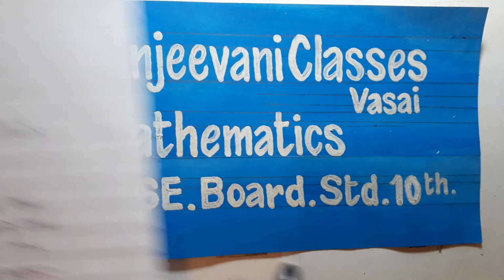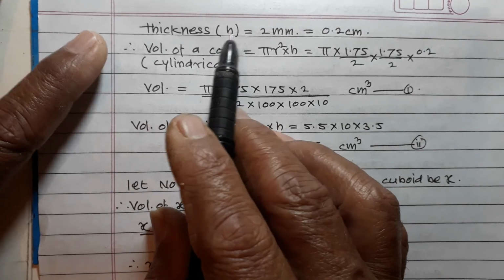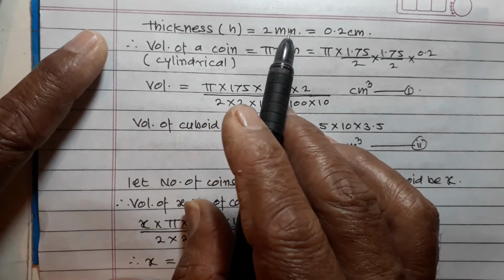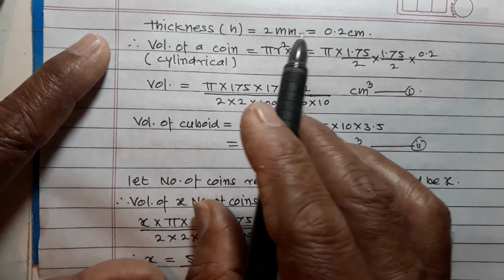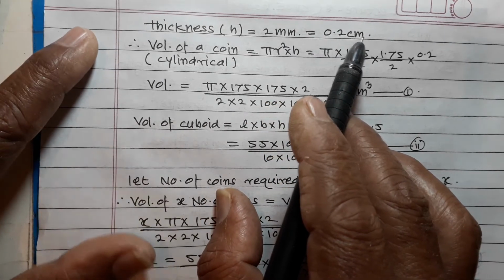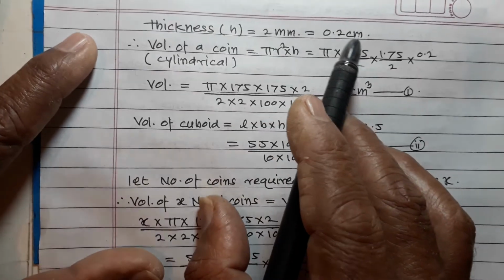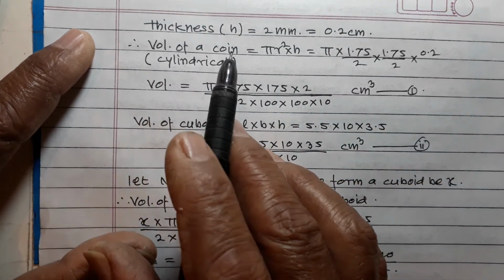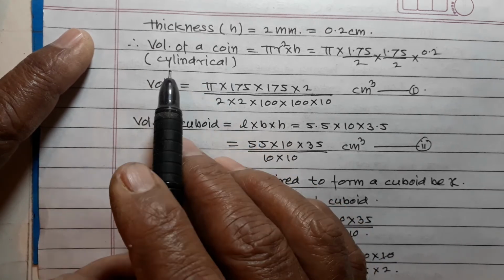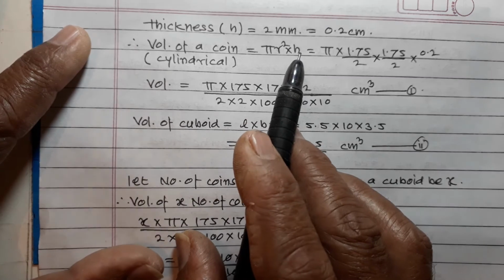Thickness h is equal to 2 millimeter, is equal to 0.2 centimeter, because 10 millimeters is equal to 1 centimeter. Now volume of a coin, cylindrical, is equal to pi r square h.